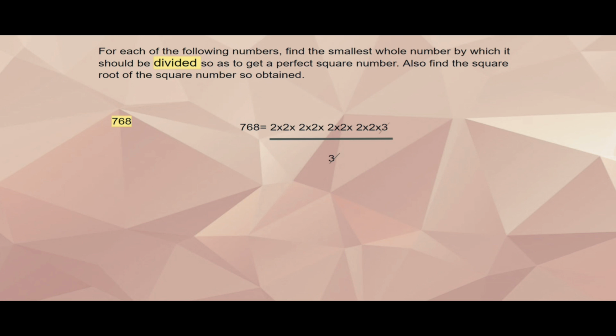3 cancels with 3. We get 8 times 2. Multiplying all of them, we get 256 as the required perfect square.